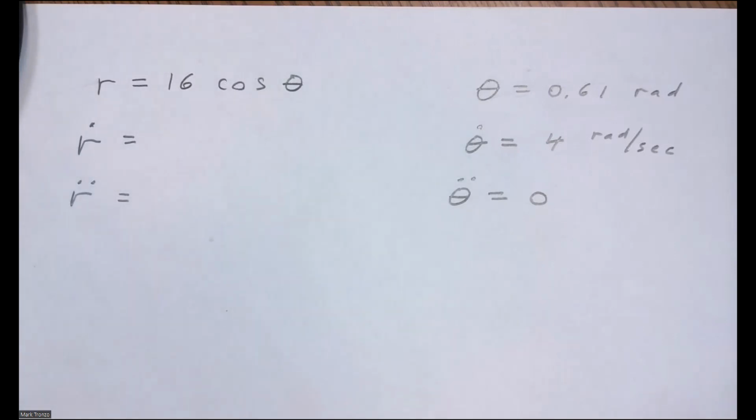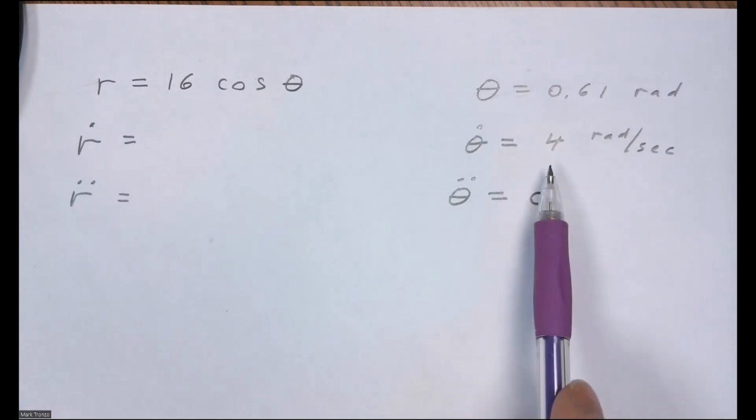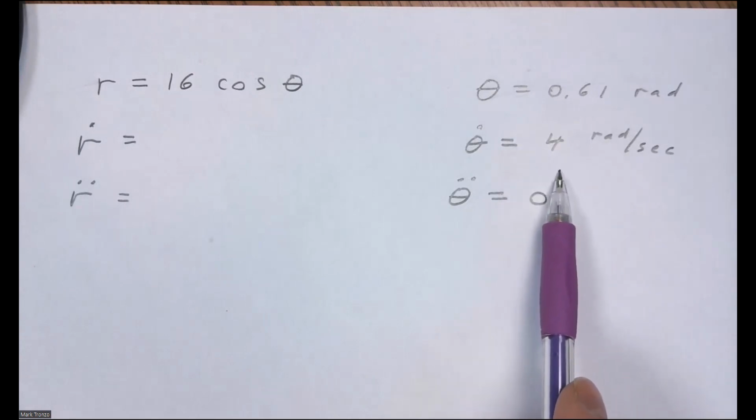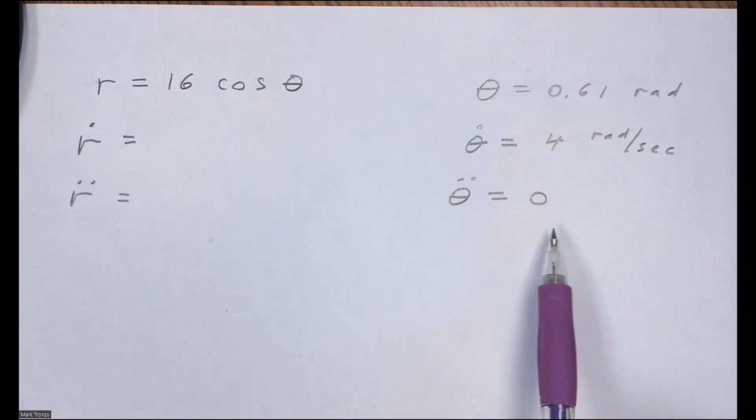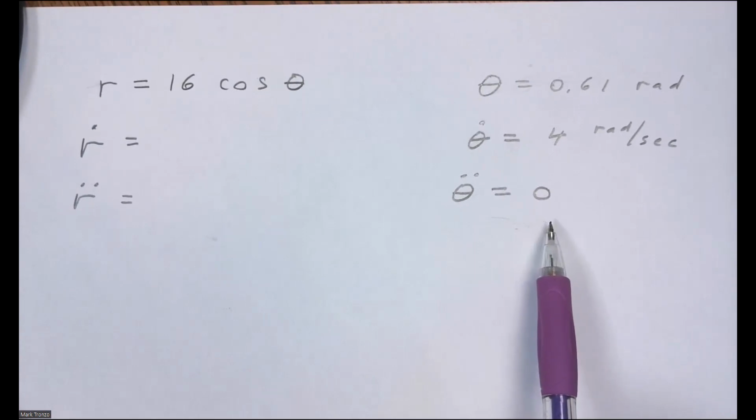We're given this information: 0.61 radians, angular velocity 4 radians per second, and it's constant, so the angular acceleration is 0.